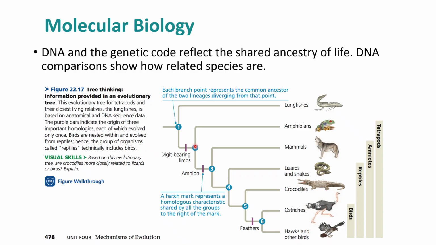For example, humans and chimps share about 96% of their protein coding gene sequences, while the number drops to about 85% between humans and mice. Therefore, we know that humans are a lot more closely related to chimpanzees than they are to mice.